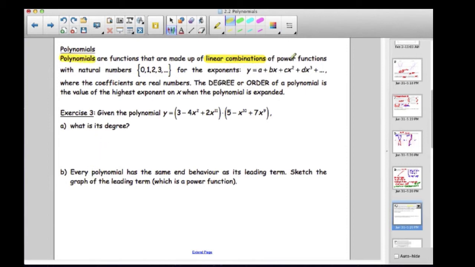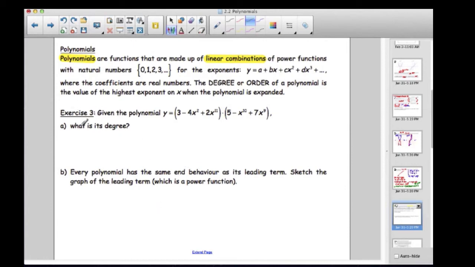So if we have power functions whose exponents are 0, 1, 2, 3, the natural numbers, the counting numbers including 0, then we come up with polynomials. The coefficients are real numbers. And the degree, or the order of a polynomial, is the value of the highest exponent on x when the polynomial is expanded.